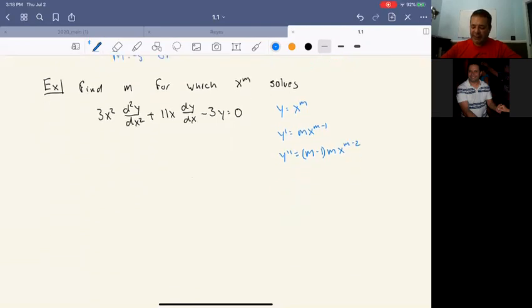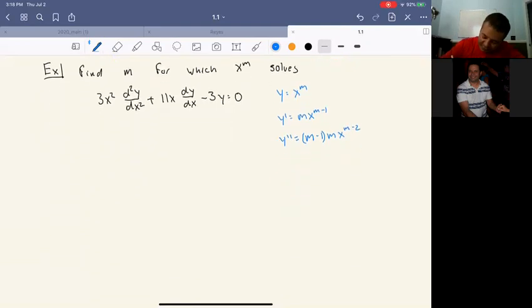So we're going to have 3x squared times m times m minus 1 x to the m minus 2 plus 11x times m x to the m minus 1 minus 3 x to the m equals 0.